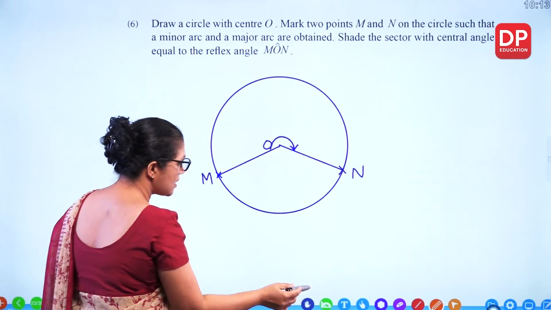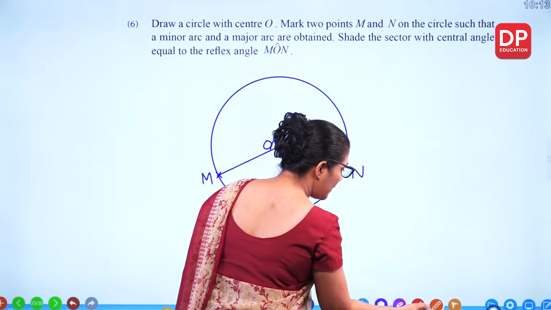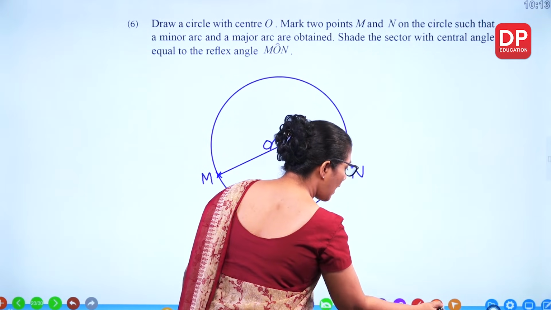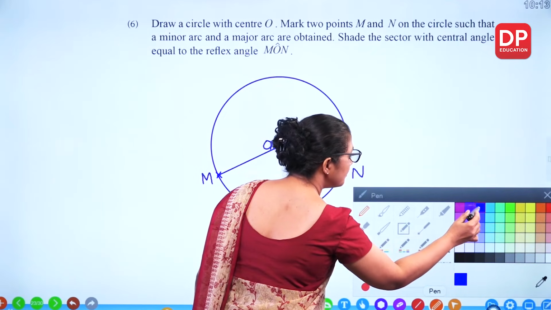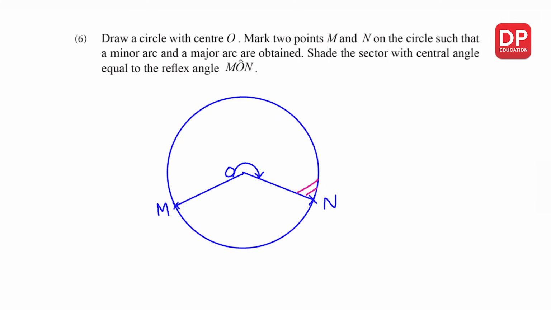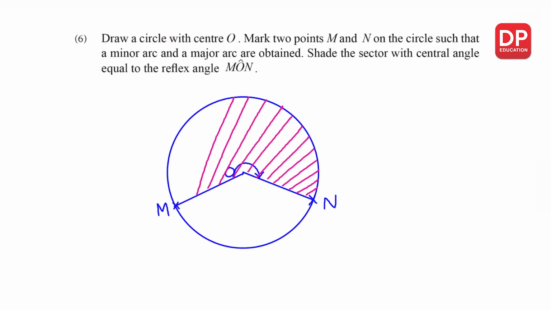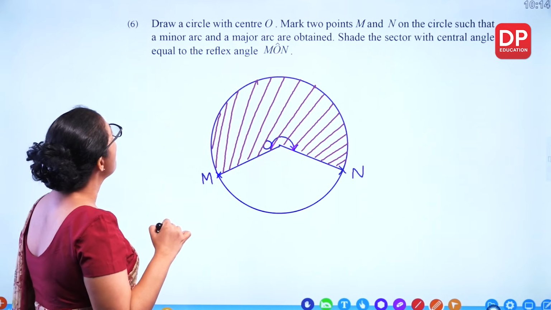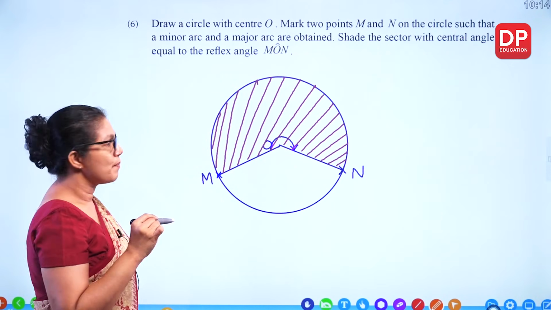We can shade it using any color. So I'll color this, I'll put lines. So this is the major segment.